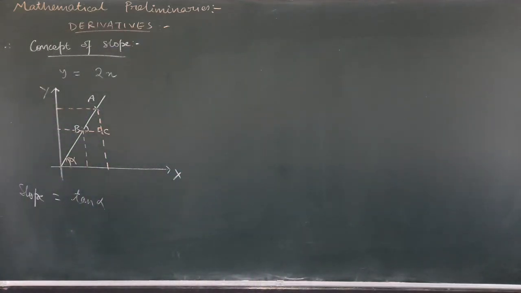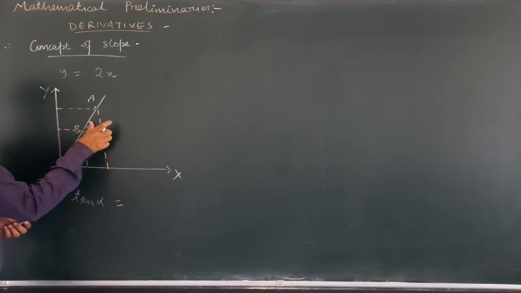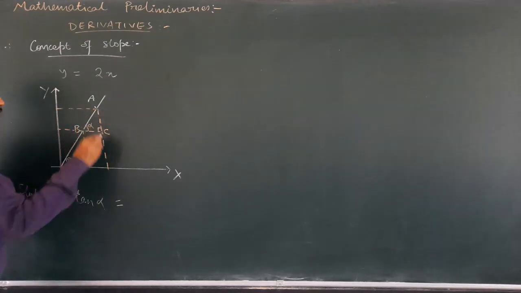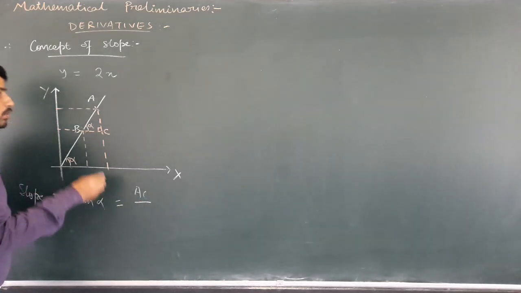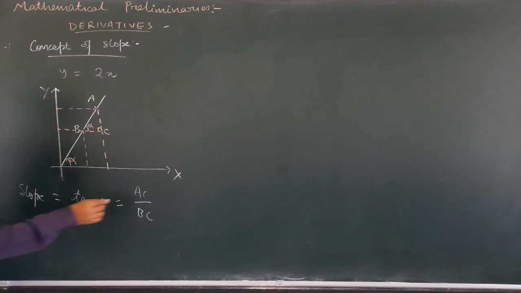So m is equal to tan of alpha. Now if you see carefully in this particular figure, if this angle is alpha, this angle is also alpha. So tan alpha will be perpendicular, that is AC, upon base, that is BC.